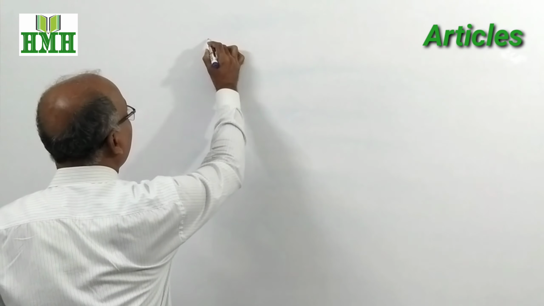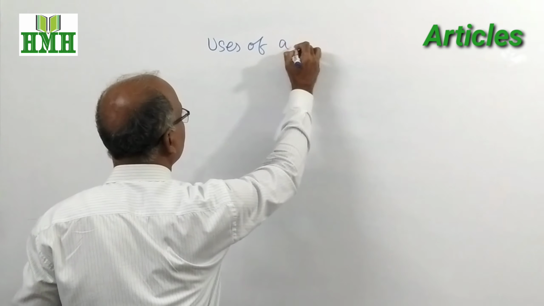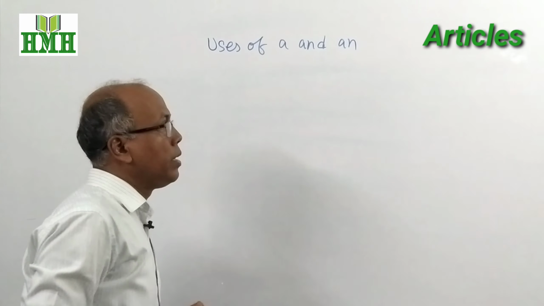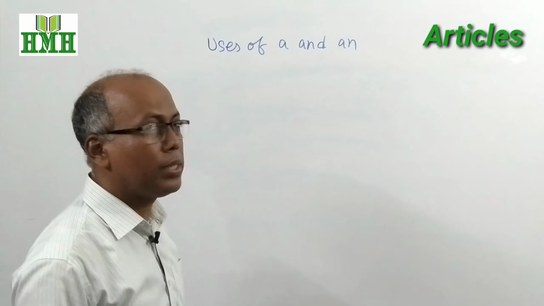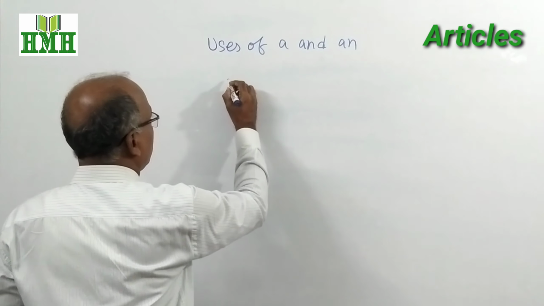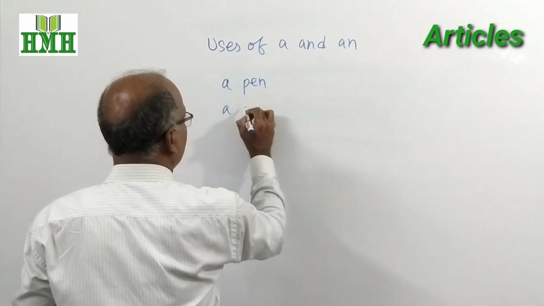Dear students, uses of a and an. A is used when a word begins with a consonant. Suppose a pen, a dog.